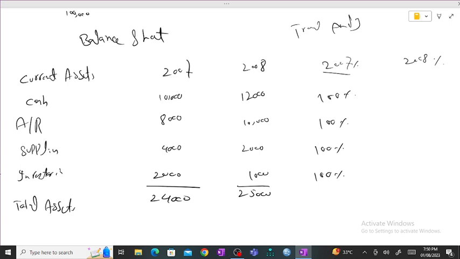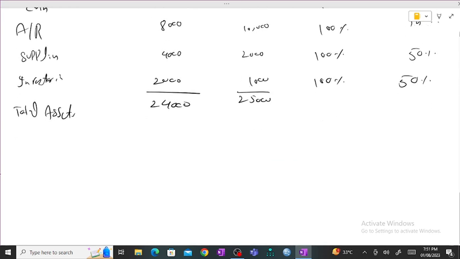We will get 120%. And for this, 10,000 divided by 8,000 multiplied by 100, we have 125%, like 25% you can say. For that, it would become 50%, and this would become again 50%. That was the idea for trend analysis for the balance sheet.